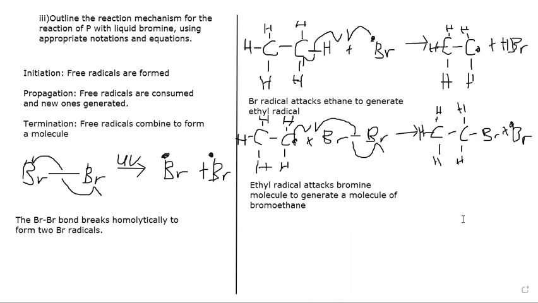So in the final step now, which is termination, as it says, free radicals combine to form a molecule. So we are just going to combine the free radicals randomly. So two bromine radicals can combine, two ethyl radicals can combine, and a bromine and an ethyl radical can combine.